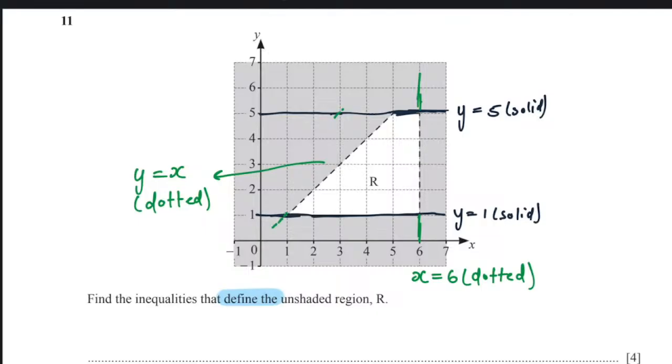Then when we wanted to shade, because they would have said shade the unwanted region, we changed the inequalities. So the shaded region is not important, it's the wrong one. The one you must show is the unshaded region. So I will come to this line here, y equal to x, and I'll ask you, is the unshaded region below it or above it? The unshaded region, that's the important one. Is it below or above?